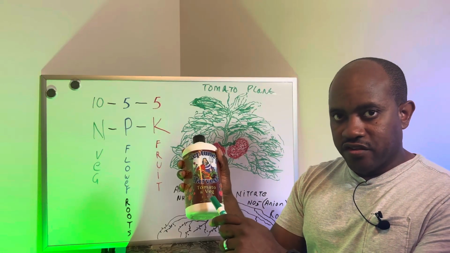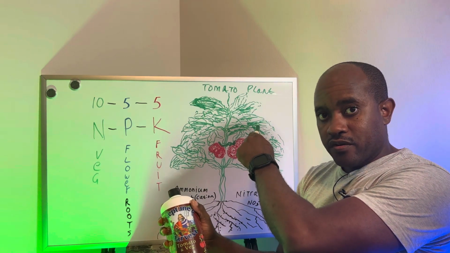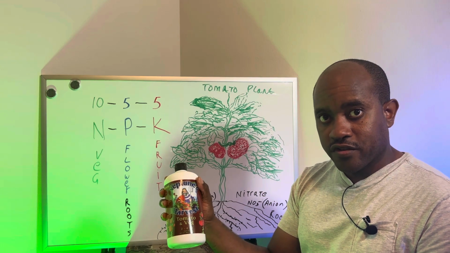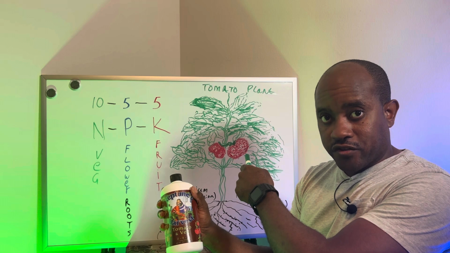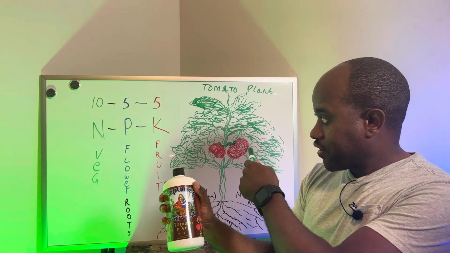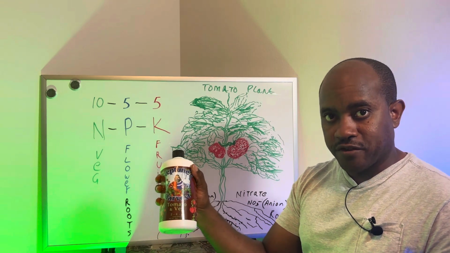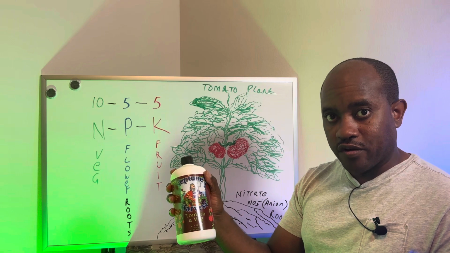Once that nitrogen is done with allowing the plant to do its vegetative growth, this 4 right in the middle, your phosphorus, is going to take over so that the plant can go into what is called the reproductive stage. And once that stage produces all its flowers, then your potassium is going to come into play to allow the tomato plant to produce good high quality fruit.